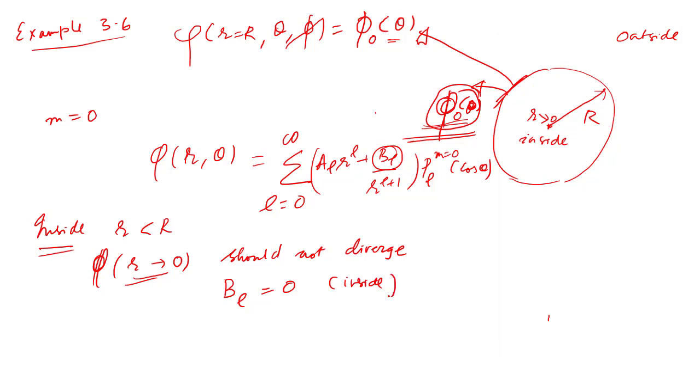Similarly, if I look outside, as r goes to infinity, phi should go to 0. So clearly we cannot have an A_L term, because as r goes to infinity this term would diverge. So outside A_L is equal to 0.